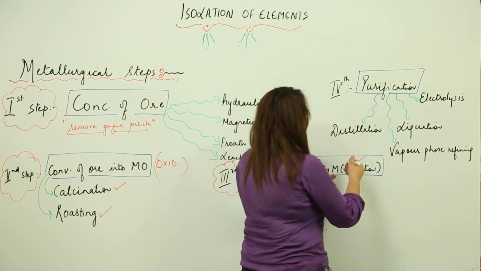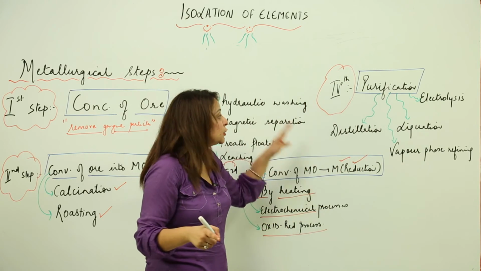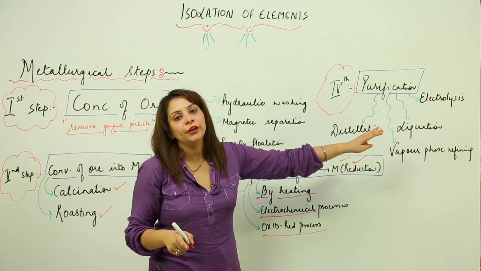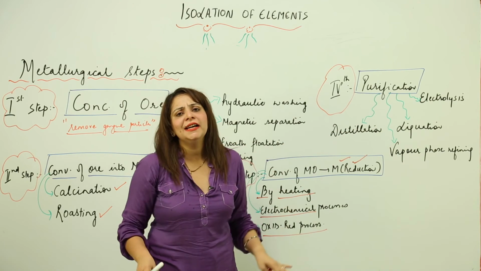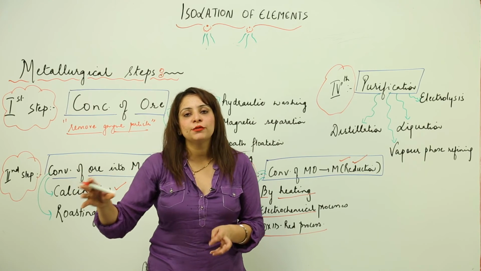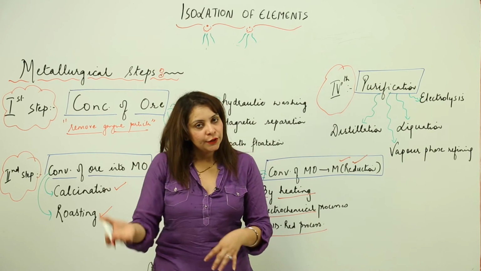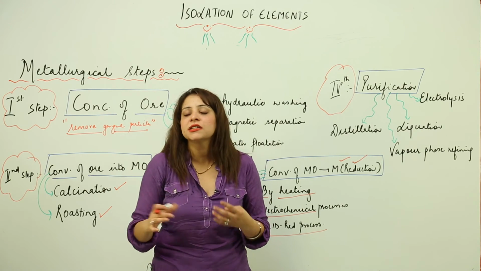Fourth step: after getting a metal, the metal obtained is not pure. We need to purify it, so our fourth step is purification. Maximum purification is done so that it can be sent to industries, where if the metal is used in sheets, it is converted into sheets, and if it is used in the form of wires, it is converted into wires.